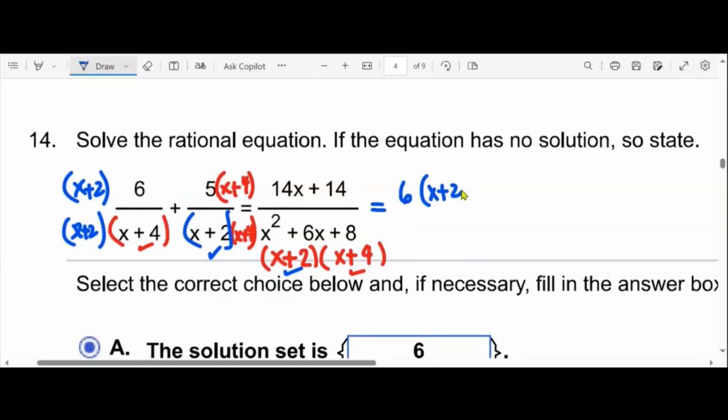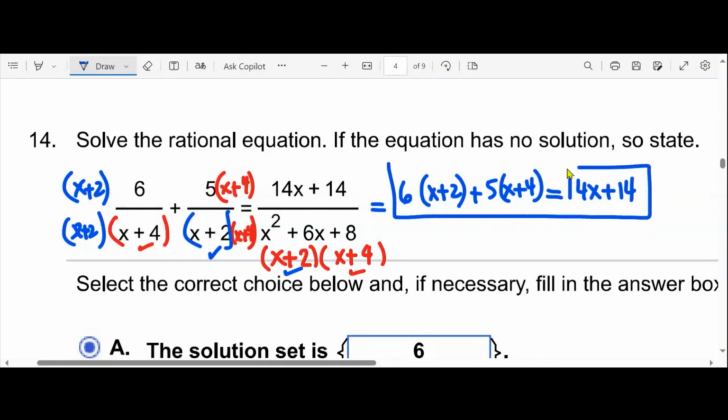Now, all you have to do is 6 times what? X plus 2 plus 5 times x plus 4 equals what? 14x plus 14. That's it, right? That's what you have. Yes. Now I have to multiply everything.